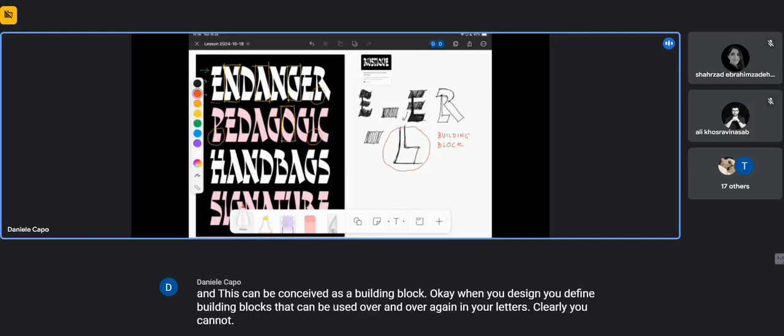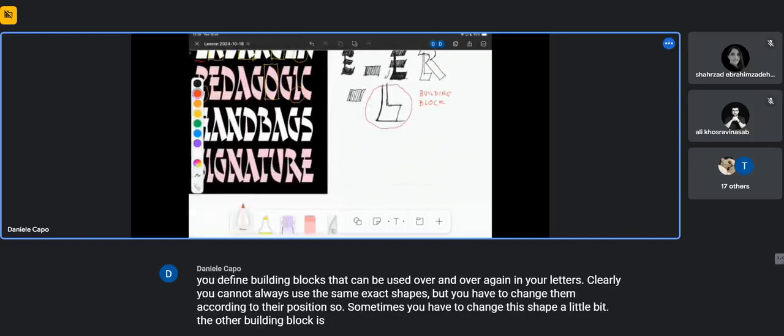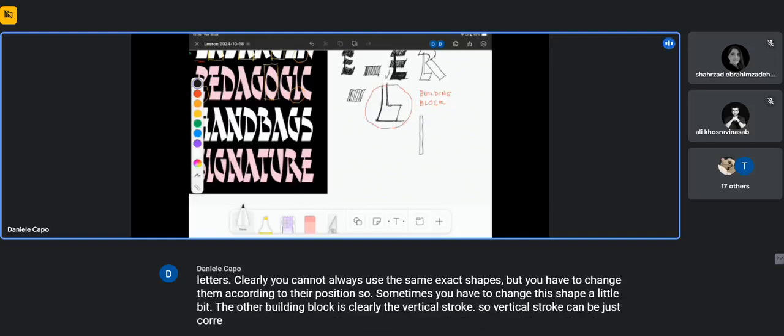Clearly, you cannot always use the same exact shapes, but you have to change them according to their position. So change this shape a little bit. The other building block is clearly the vertical stroke. So a vertical stroke can be just a rectangle like this.